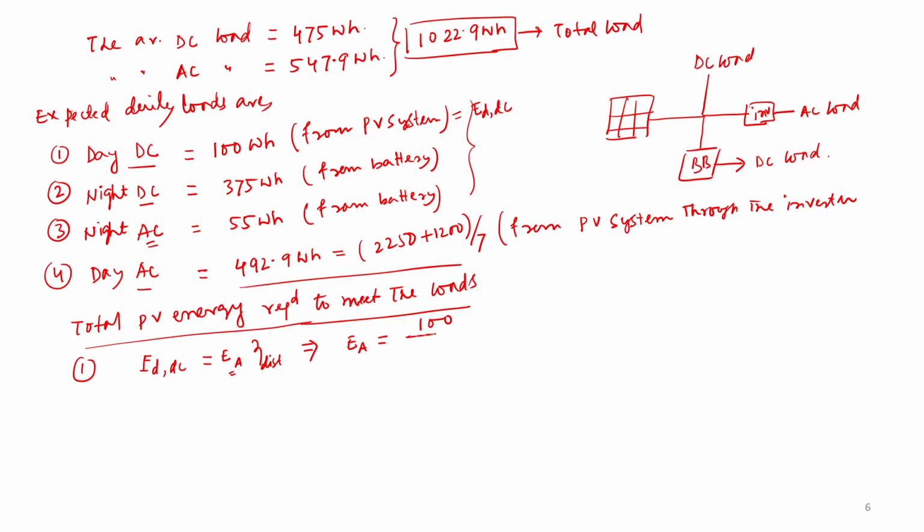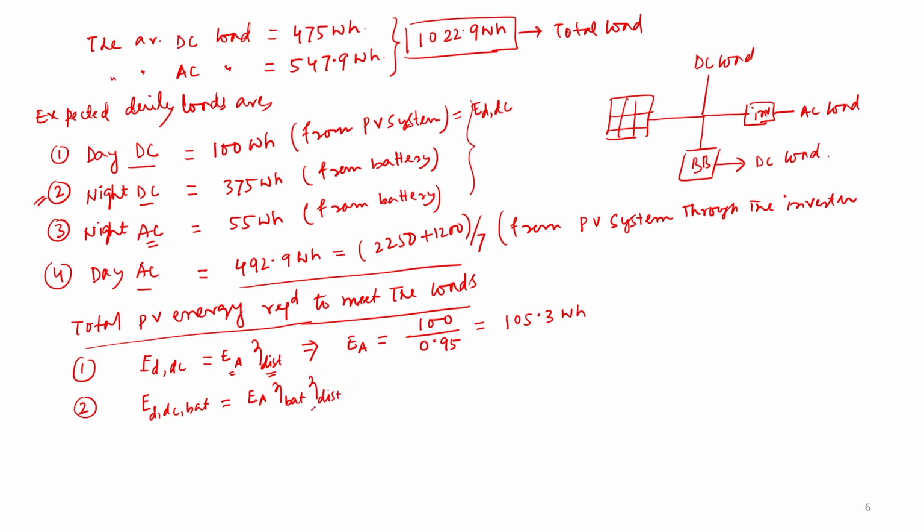So, it is 100 divided by 0.95, the efficiency of the distribution, which will be 105.3 watt hour. For case 2, the expression is E d DC from battery: E A times battery efficiency and then distribution efficiency, because cables will be there.